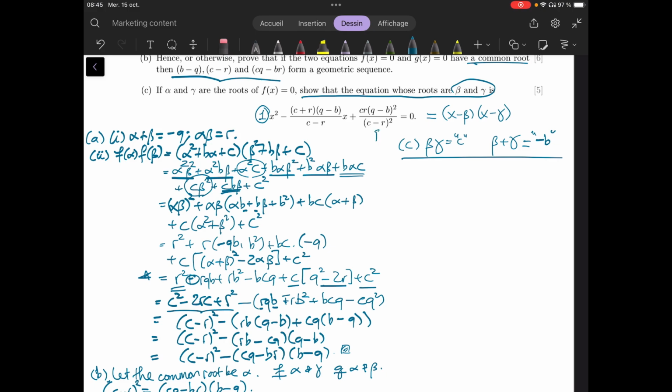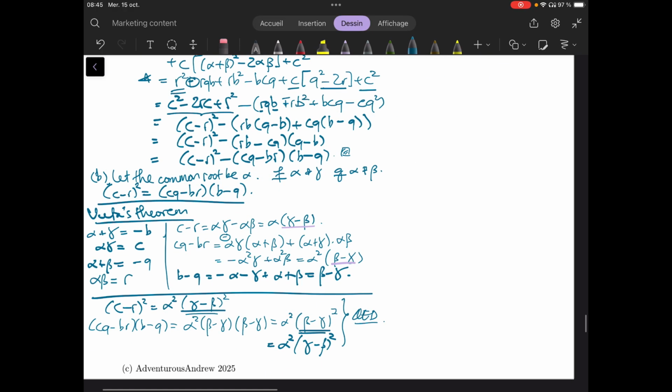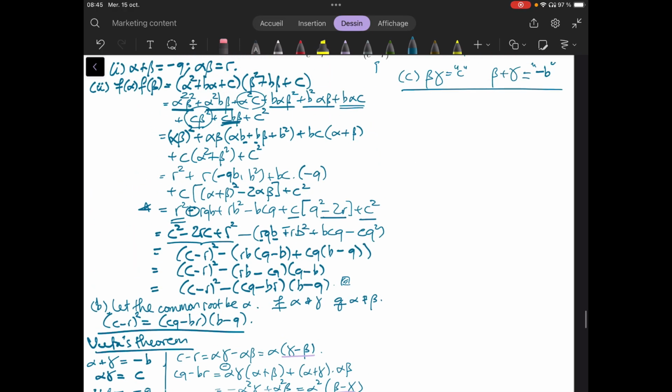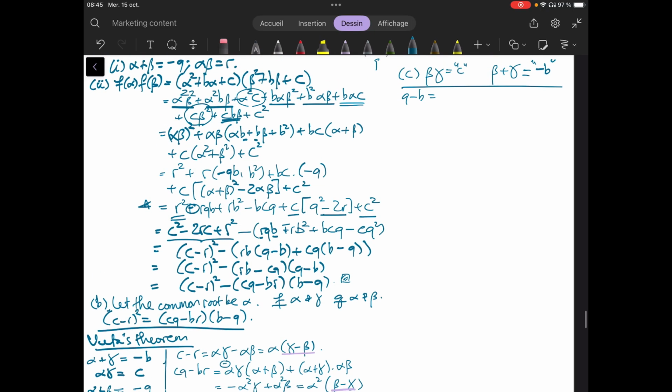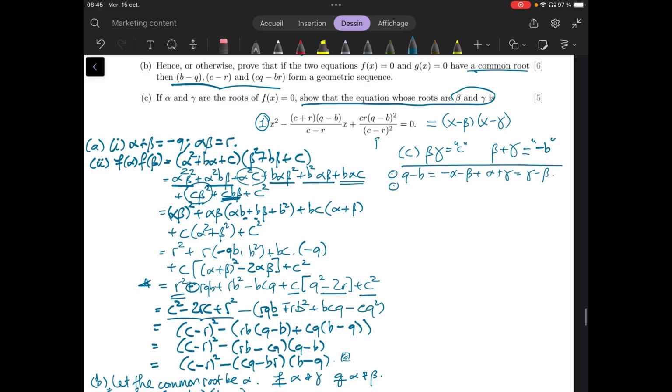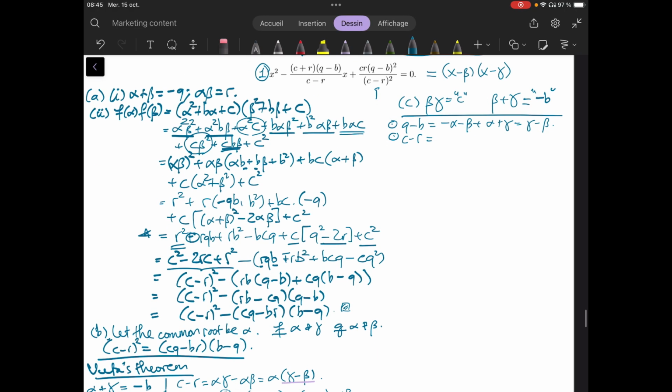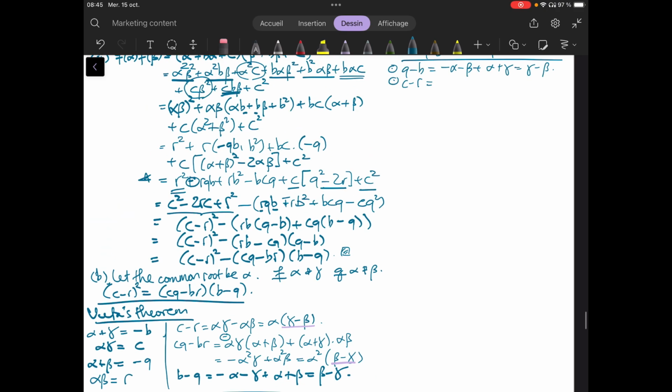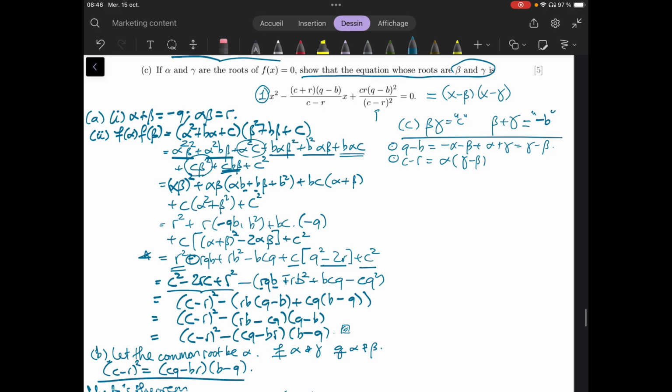We wish to show that beta gamma is equal to this guy. So let's say q minus b. What does it give us? q minus b, that is gamma minus beta. c minus r. c minus r, that is this guy.